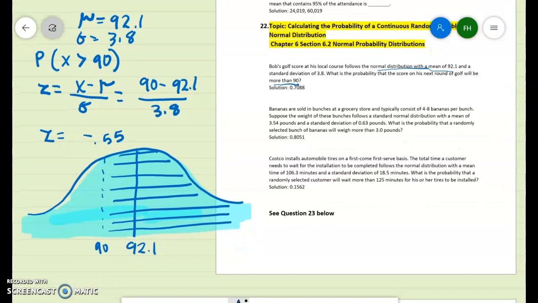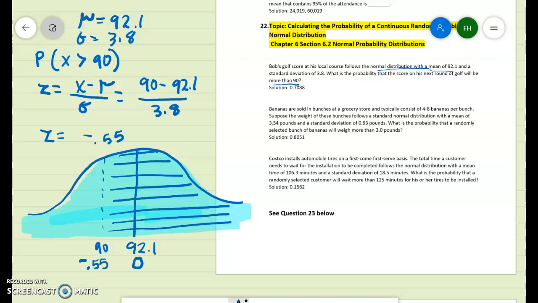When we convert it to a z-score, the mean turns into 0, and the z-score is the number of standard deviations away from the mean. So because it's negative, it means it's 0.55 standard deviations to the left.